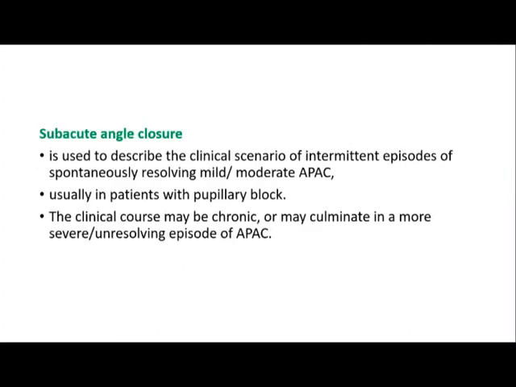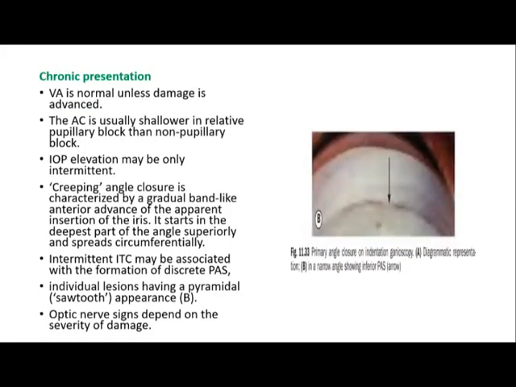Then subacute angle closure is used to describe the clinical scenario of intermittent episodes of spontaneously resolving mild or moderate acute primary angle closure, usually in patients with pupillary block. The clinical course may be chronic or may culminate in more severe or unresolving episodes of acute primary angle closure.